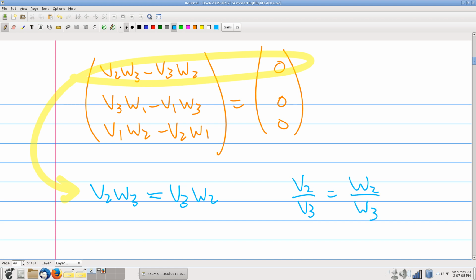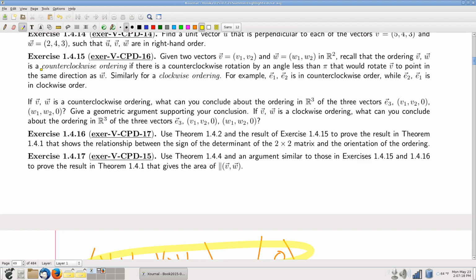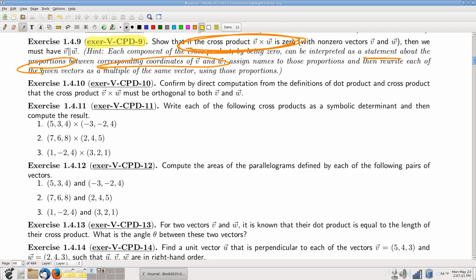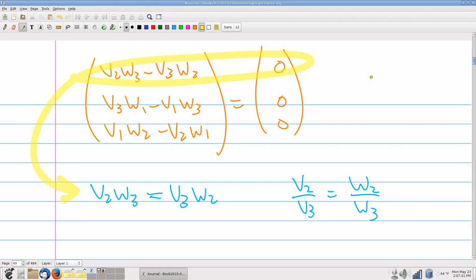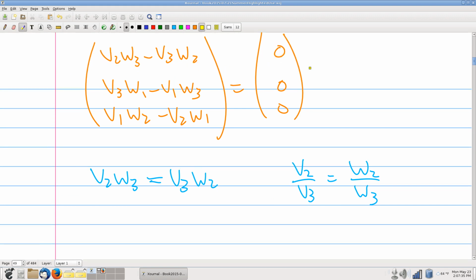Now, why is this useful? Unclear, right? But I've done what the hint said, which is to interpret the givens as statements about proportions. Analogously with the others, I did the first one, but let me do the same thing for the other two statements.